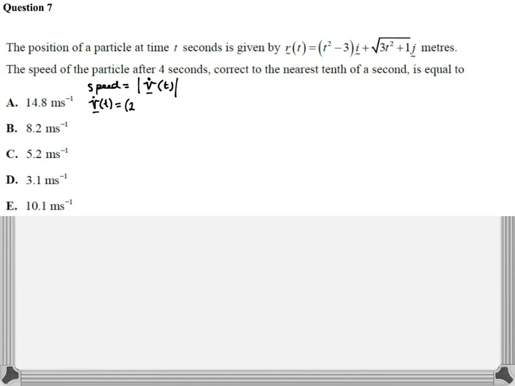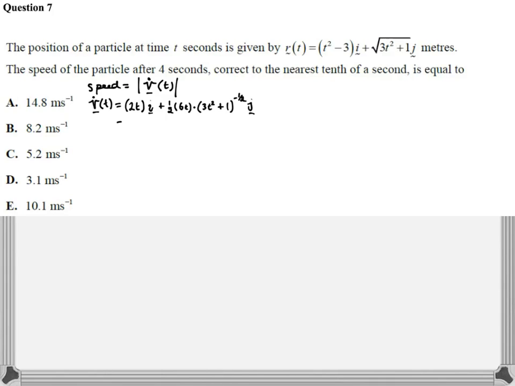So let's go ahead and work out what is the velocity vector, r dot. We're going to differentiate. So differentiate t squared minus 3 and we get 2t. Now we're going to differentiate our square root function. You can do that on the CAS, or recognize that you take the derivative of the inside function, which gives you 6t, that comes out the front, and then we differentiate a square root.